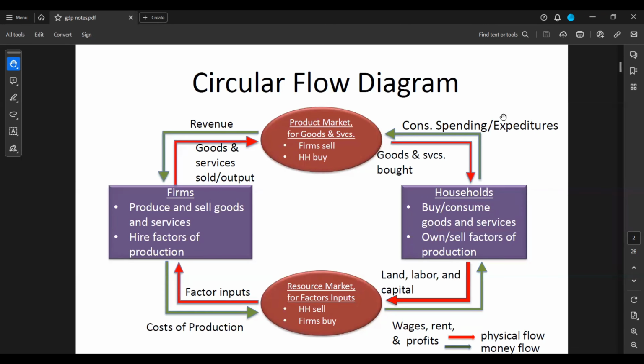In the resource market, we assume that the households own the factors of production and sell those factors of production to the firms, and in return, the firms pay for them. Then the firm produces goods and services and sells these outputs in the product market, where the household buys the goods and the firm sells.